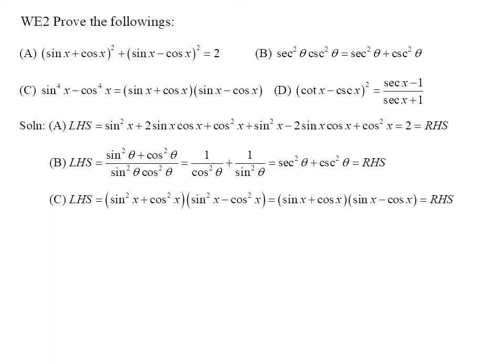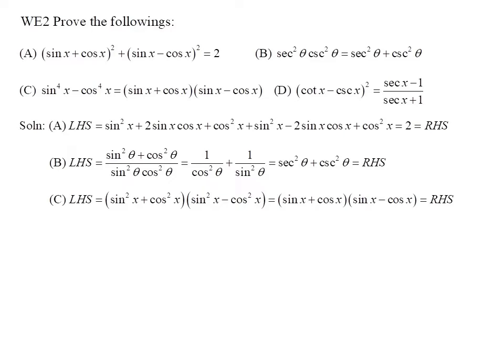As for question C, the left side of the equation is factorized using the formula of the difference of two squares. After being factorized, the left side equals (sine squared x plus cosine squared x) times (sine squared x minus cosine squared x).